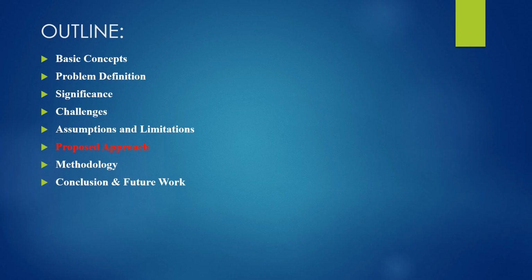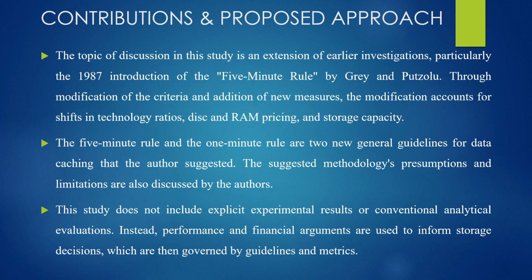Coming to the proposed approach, the topic of discussion in this study is an extension of earlier investigations, particularly the 1987 introduction of the 5-minute rule by Gray and Putzolu. The modification adds new criteria and measures, and accounts for shifts in technology ratios, disk and RAM pricing, and storage capacity.